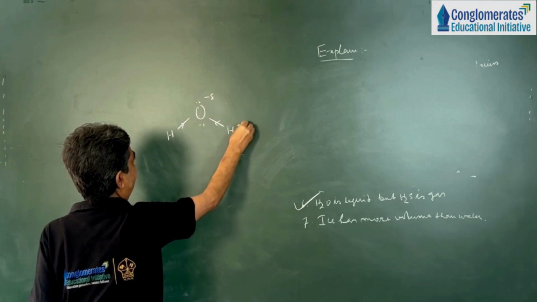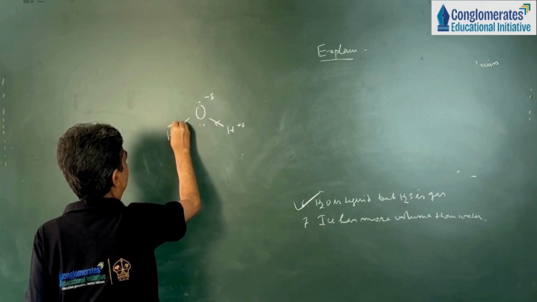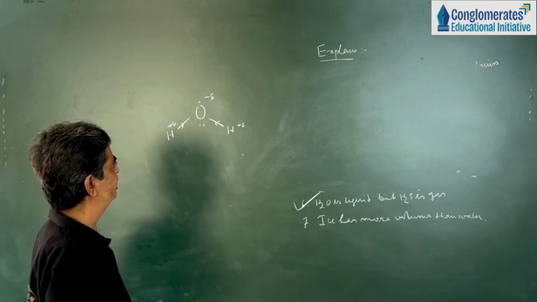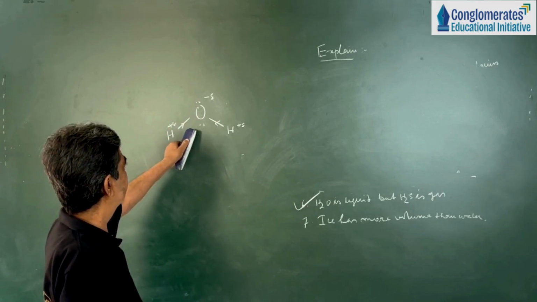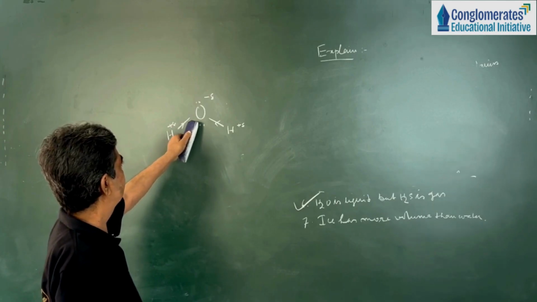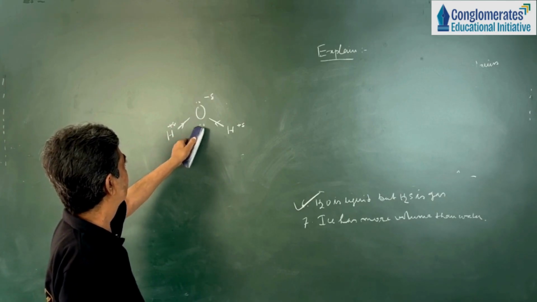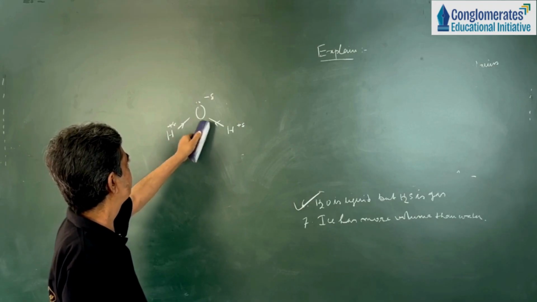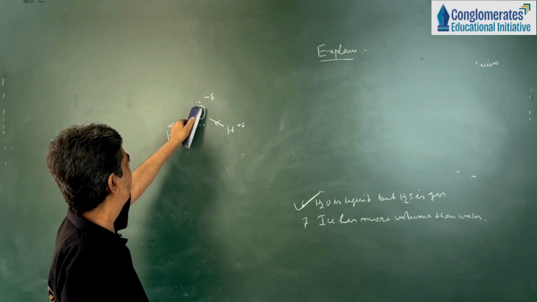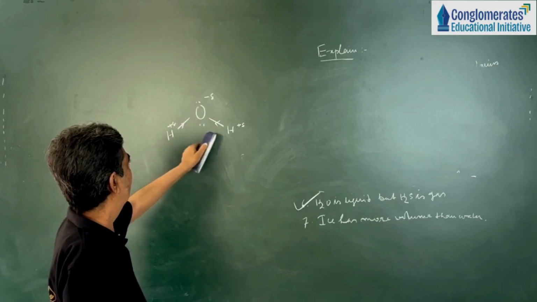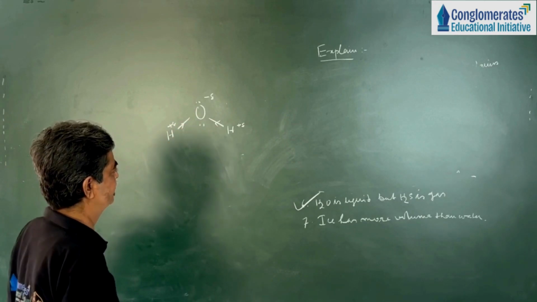There will be a slightly negative charge and a slightly positive charge. I repeat, in water the bonding electrons will be shifted towards the oxygen atom, making oxygen slightly negative and hydrogen slightly positive.